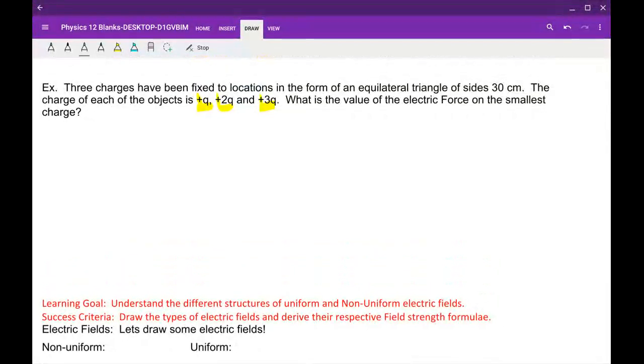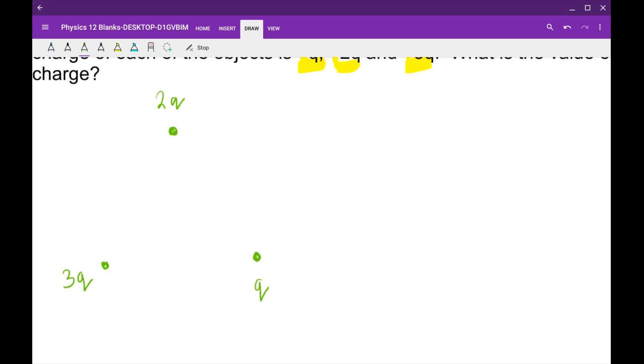So now, basically, what I'm going to do is take this thing, and I'm going to draw a little diagram. Here we go, and there we go. All right. What is the value of electrical force on the smallest charge is the question here. So I'm going to call this guy Q, I'm going to call this guy 2Q, and I'm going to call this guy 3Q. If I zoom in on this picture here, we actually have 2 things going on. We've got a downward force, okay?